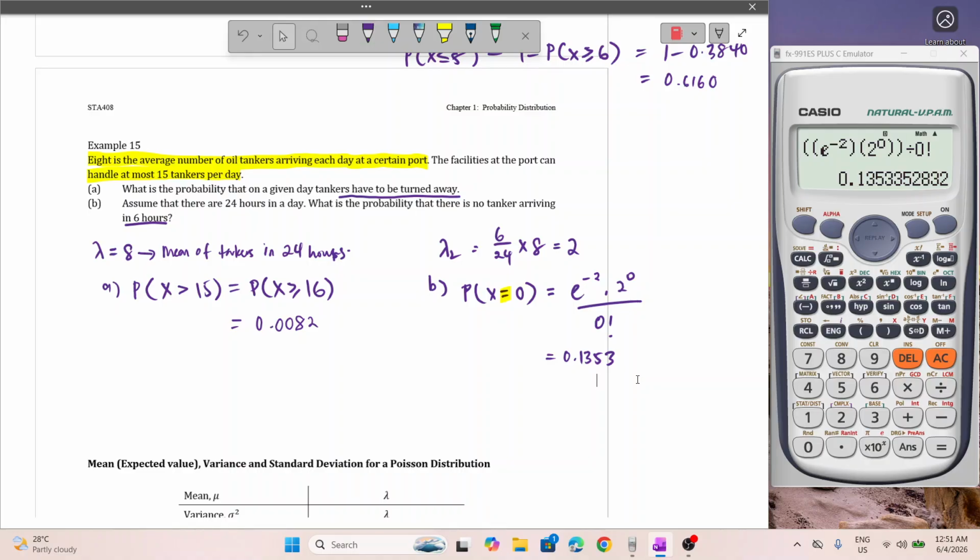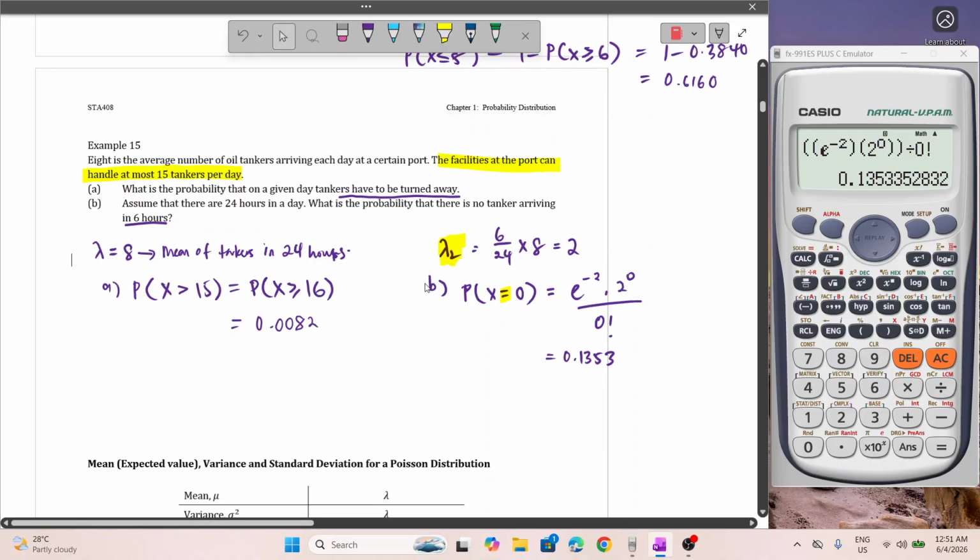Okay, and check if you need to find the new lambda or the new mean before you solve the problem. And always remember that the additional information usually gives you tips or hints on how to answer the question.